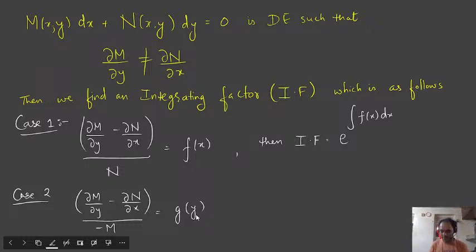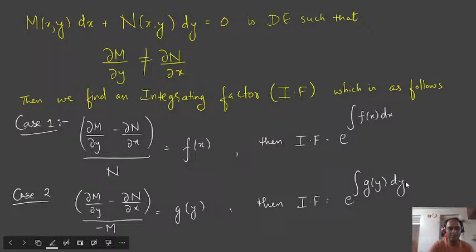When you get a function of y alone, in that case your IF is e to the power integral g of y dy. Okay, these are the two most important cases. Then there are others also, we will see them too. As I said, there are 4 cases we are going to deal with, so we write them here.